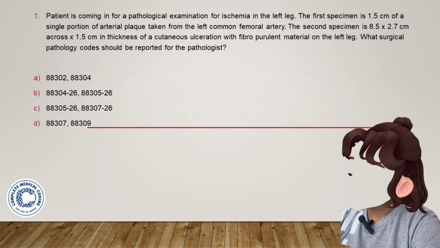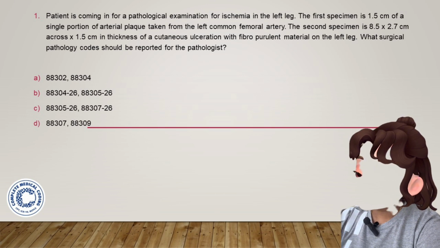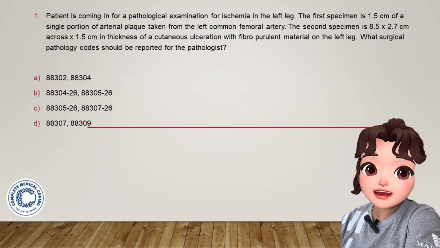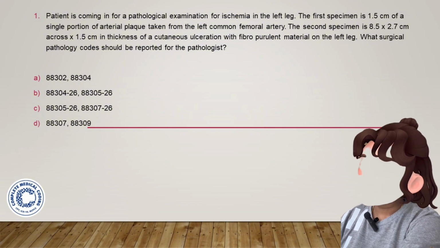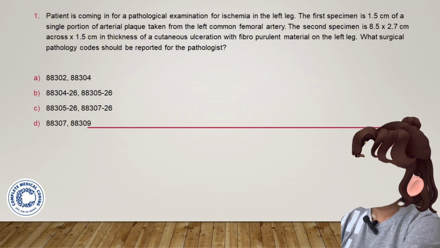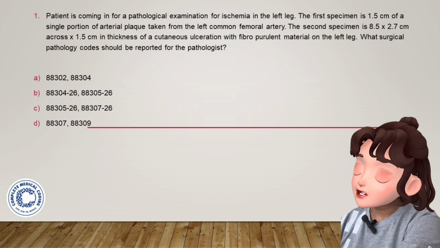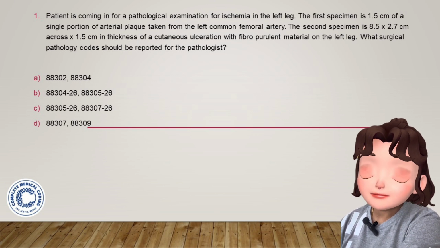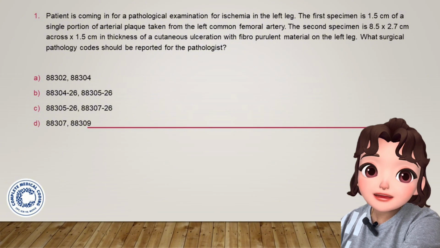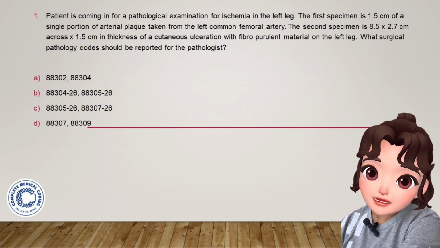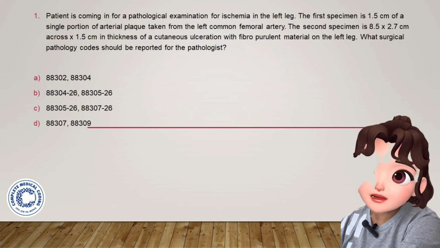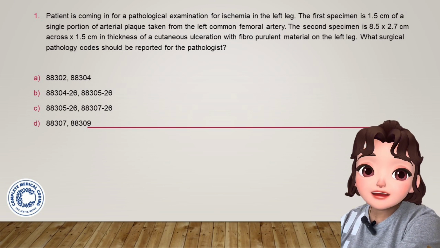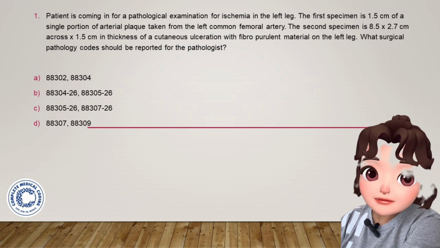When gross and microscopic examination is performed on a specimen to confirm identification and the absence of the disease, this is only a limited assessment. It represents only the confirmation of the identification, or the confirmation of the disease, if it is present or not. This code 88302 represents only the presence or absence of the disease and the confirmation.